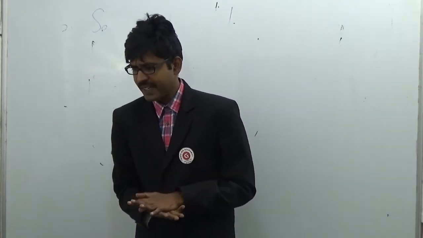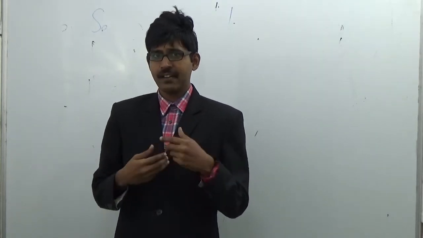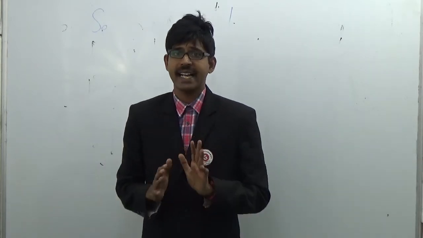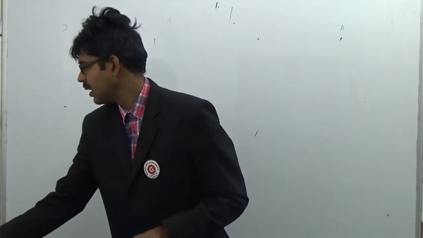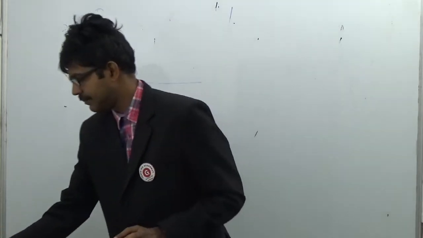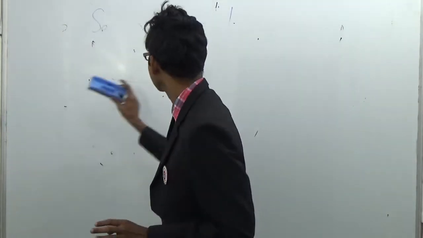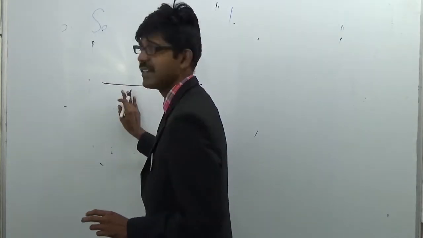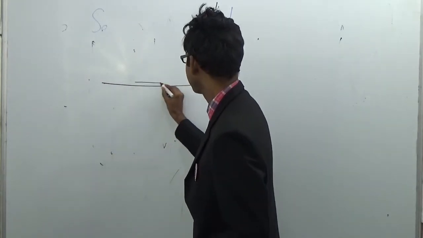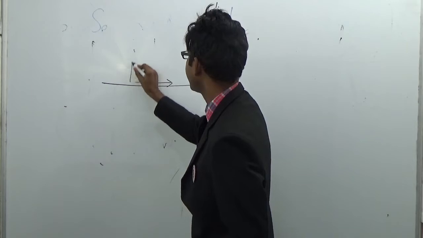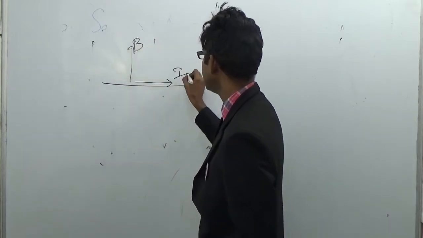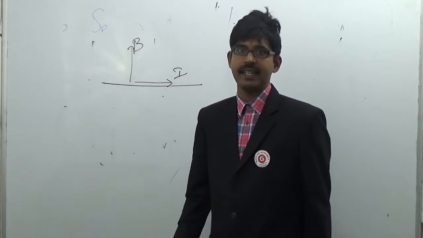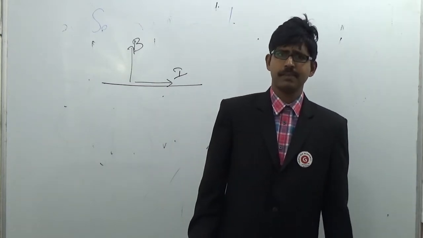Now you have a magnetic field which is placed perpendicular to the current flowing. For example, you have a conductor, you have a specimen, you have a current flowing in the conductor, and you introduce a magnetic field which is acting perpendicular to the current flowing through the conductor, through the specimen.